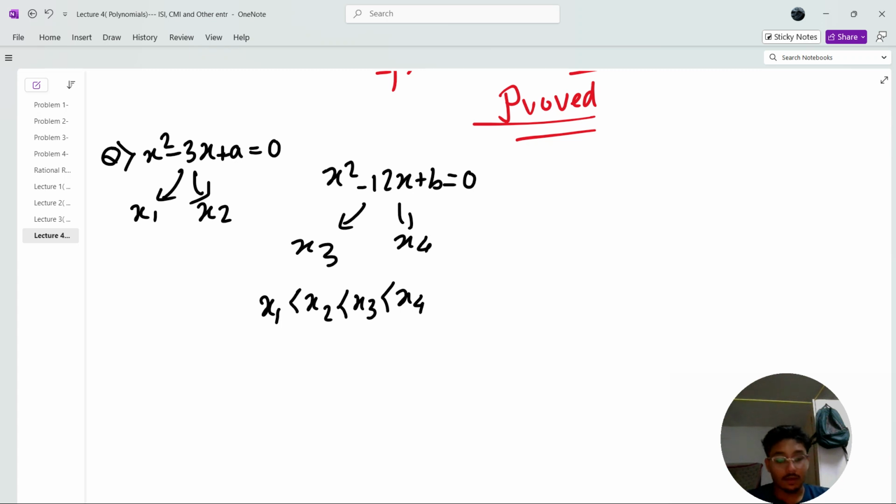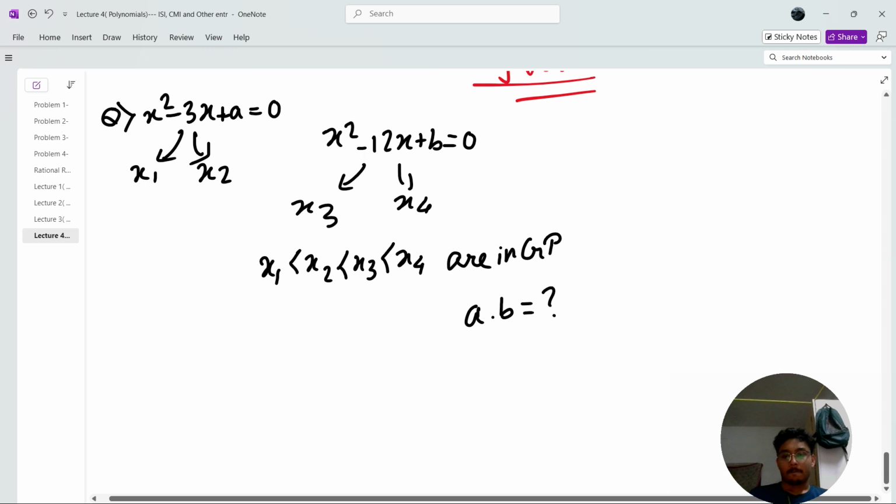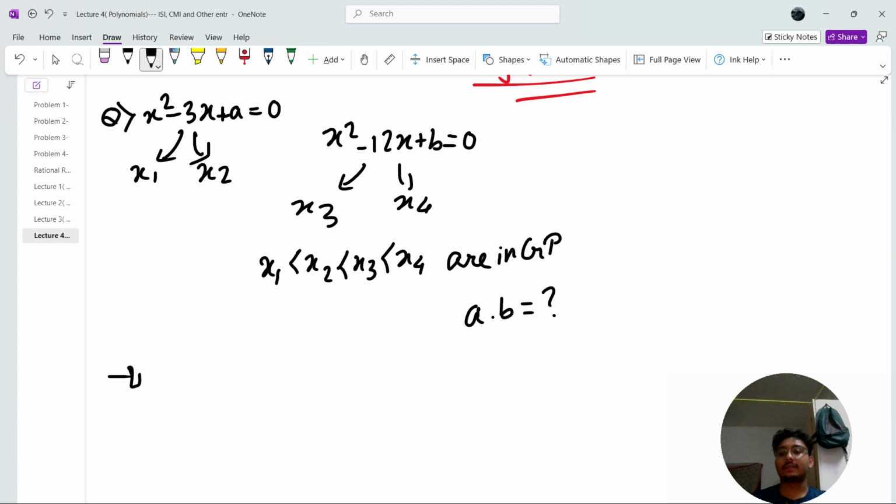This is my condition, and I'm also given that all of these 4 are in GP. What do we need? We need a dot b, that is a into b, is how much? You can again see that at some point of time we need the concept of eta.